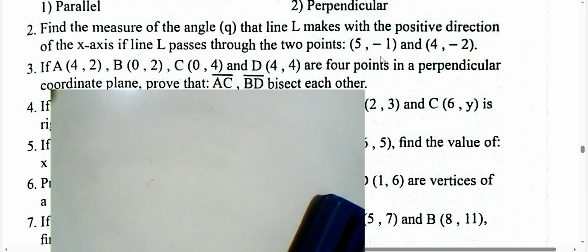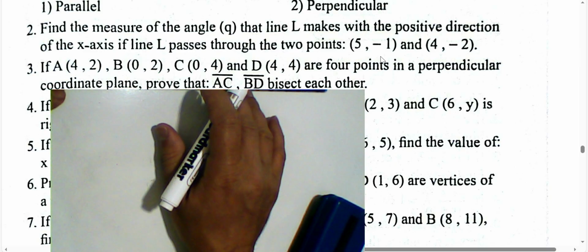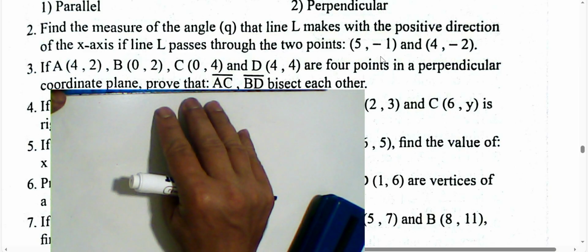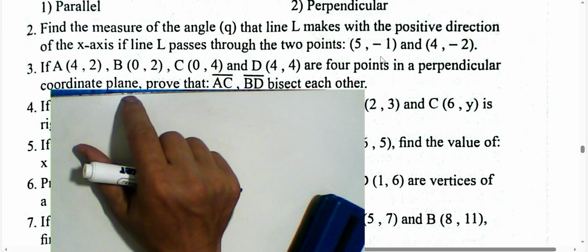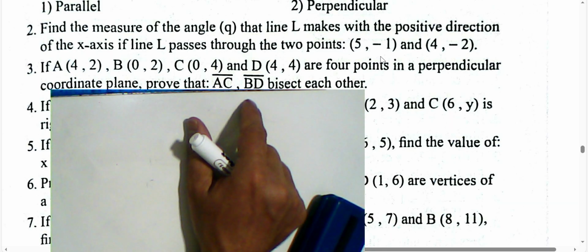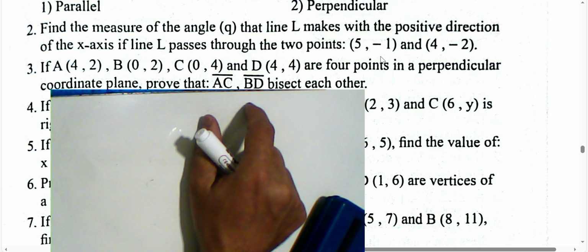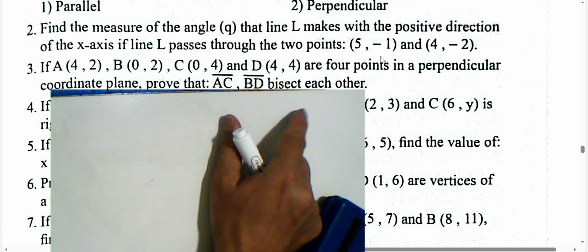Number 3, we have A, B, C, D as 4 points in a coordinate plane. Okay, prove AC and BD bisect each other. We can prove AC and BD bisect each other. How?